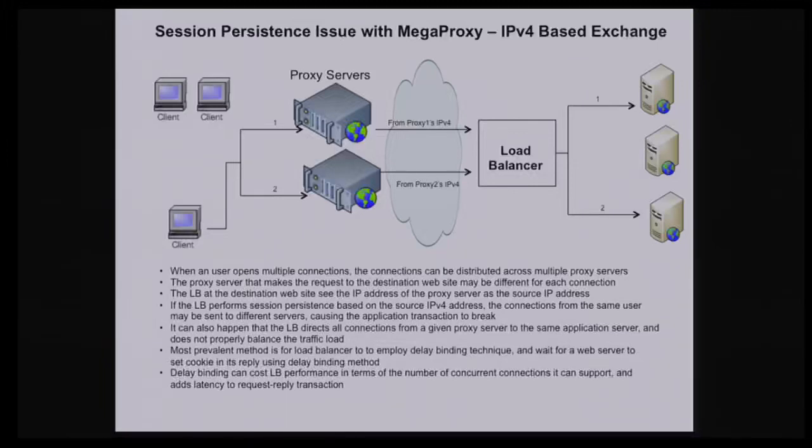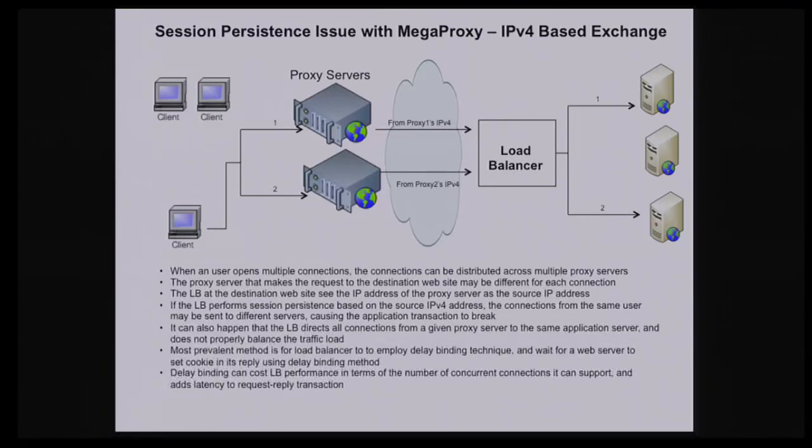The load balancer will have an issue because you need to direct those different connections to the same server, but a mega proxy will replace the source address of the client with its own address. So the load balancer actually sees two different IPs and would think those are two different clients, and therefore the application can get broken.